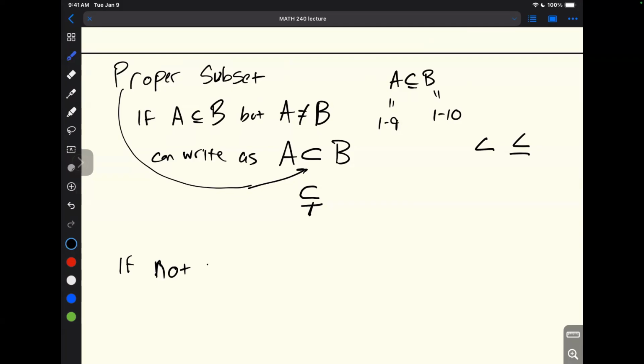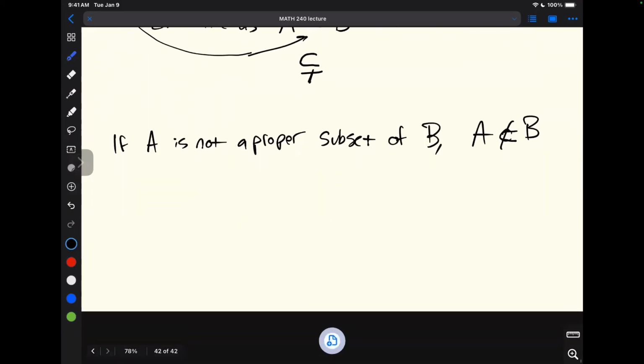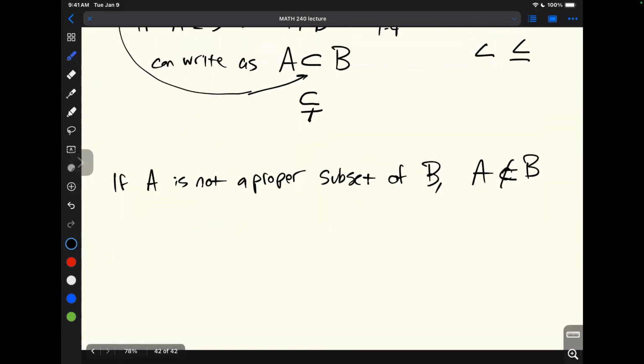And then if A is not a proper subset of B, we write that proper subset symbol and just put a slash through it.